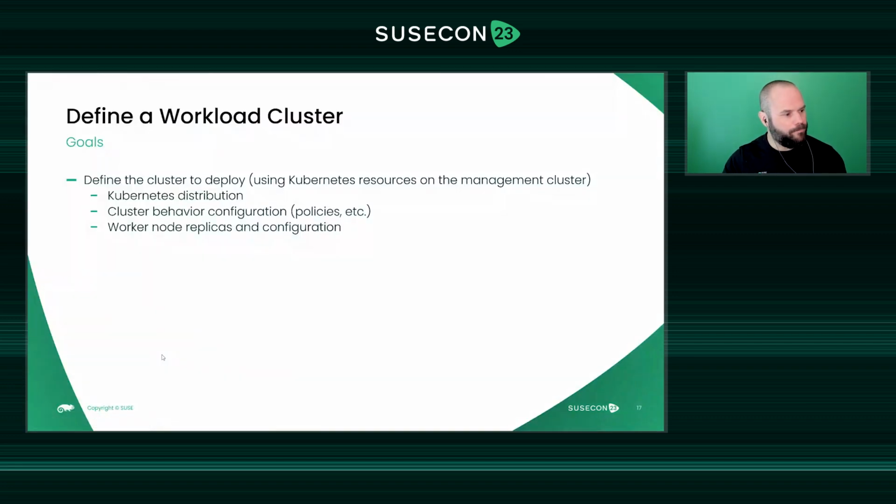Next slide. So our next steps are to define the actual workload cluster and what it's going to look like. Which Kubernetes distribution, which is obviously going to be RKE2 for a variety of reasons. How the cluster itself is going to be configured. And if I've ever made a loaded bullet on a slide before, simply "cluster behavior configuration" as a one line does not fully encapsulate what it takes to configure a cluster, as you can imagine.